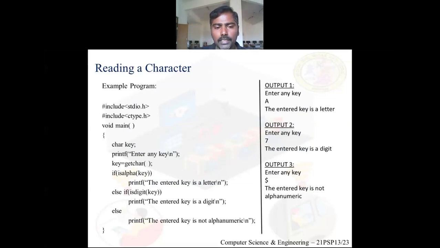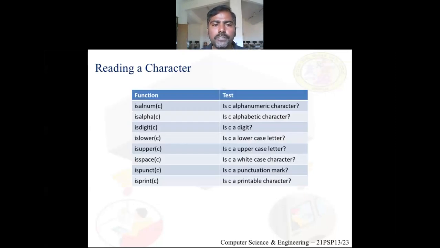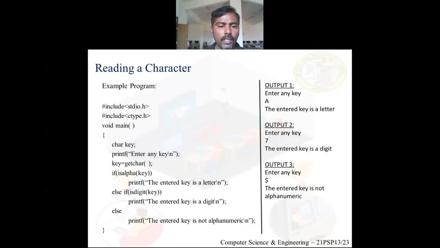To check that, I need to go for the isdigit function, the third function in this case. It returns true if the character referred by variable c is a number, else it returns false. If it is neither alphabet nor digit, it is understood to be none.